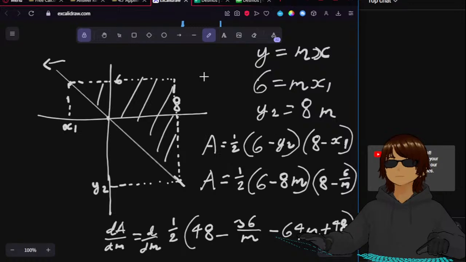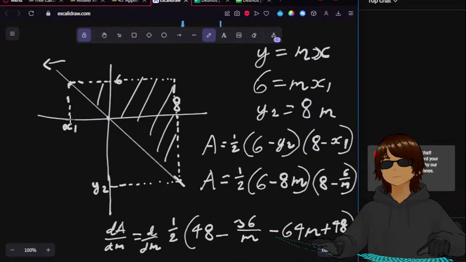What is the length though? So I can figure out x1.